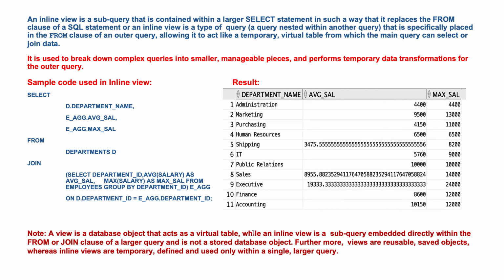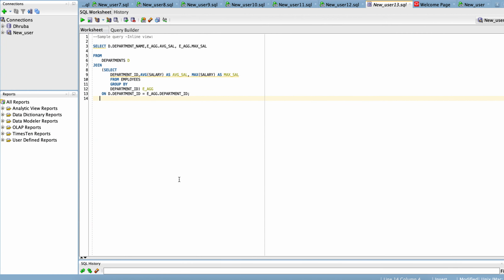Let me run this code in our Oracle developer window and observe the result. This is the Oracle developer window where I am going to run the code which I explained before. I am going to select only three columns because we have to create a report which contains only three columns. Those three columns are department name from the departments table, average salary and max salary from E underscore aggregate, which is the alias name for this query.